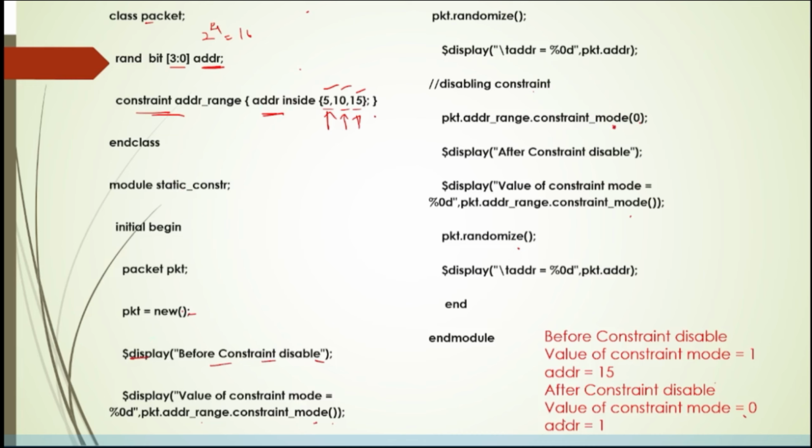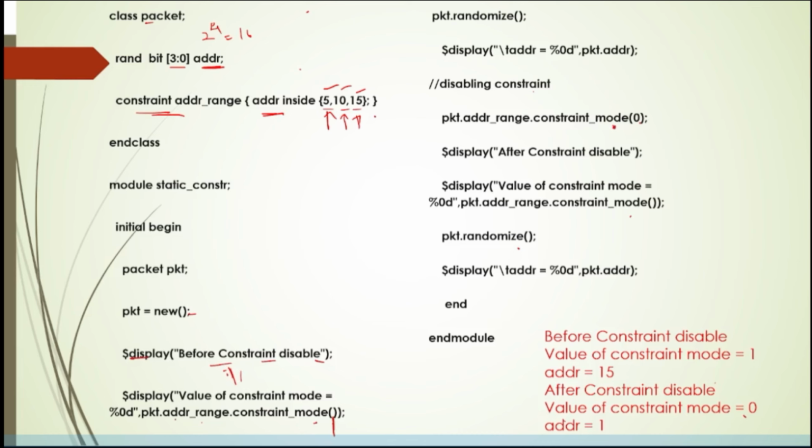Now you all know everything about this, so display. Now if you see here, before constraint disable, that means I'm using the constraint disabling function here. I just want to check the values before the constraint is being disabled. So here the value of constraint mode tells me whether the constraint is in enable or disable position.